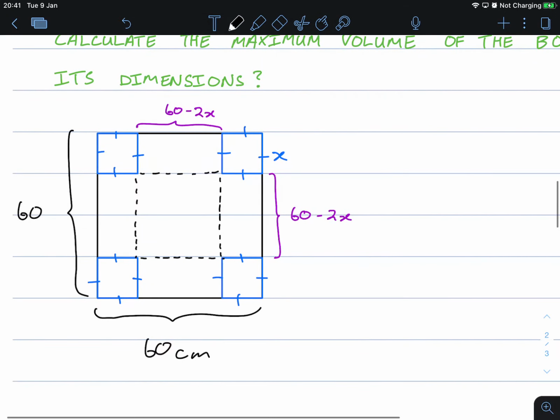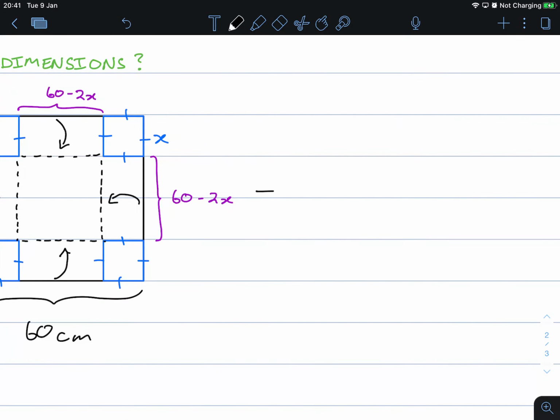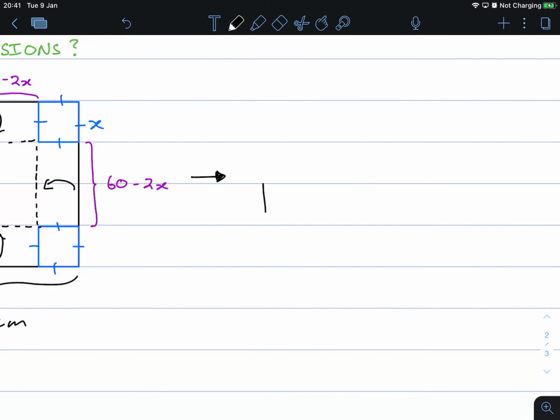So now, can you imagine if we fold these sides up? We're going to get a cardboard box that will look something along the lines of the following.